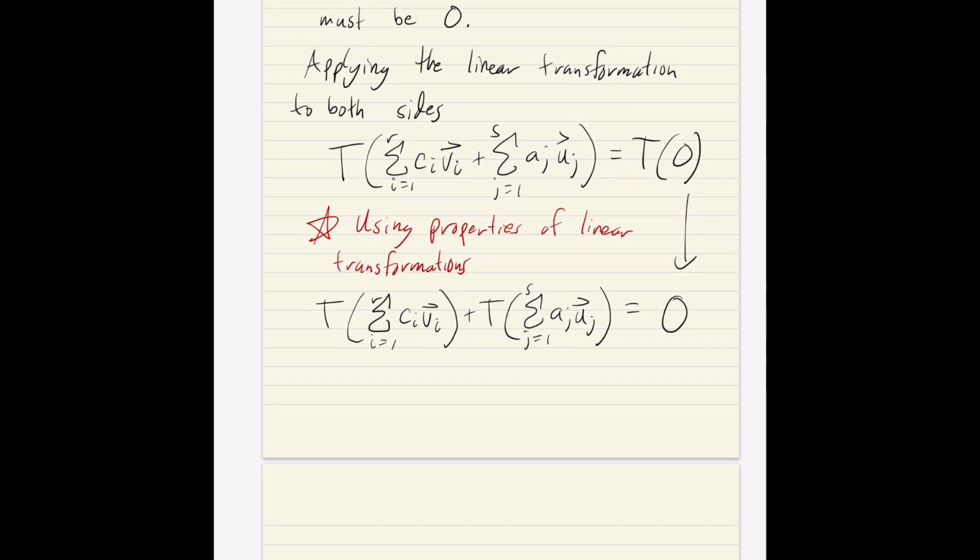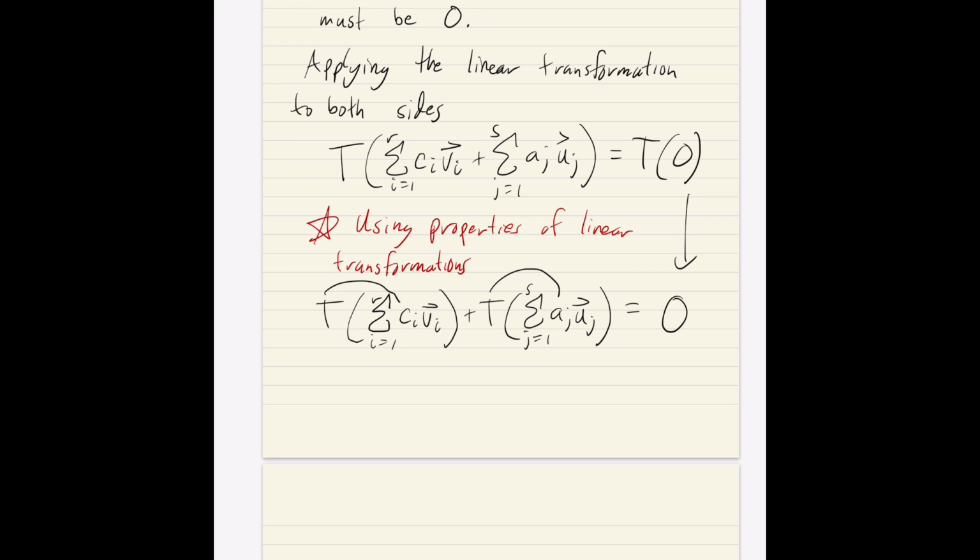And then we can also use another property. We can bring the T inside of the sum, because taking the transformation of a bunch of sums is the same thing as adding up each transformation. So it's almost like we're putting the T inside of the sum.